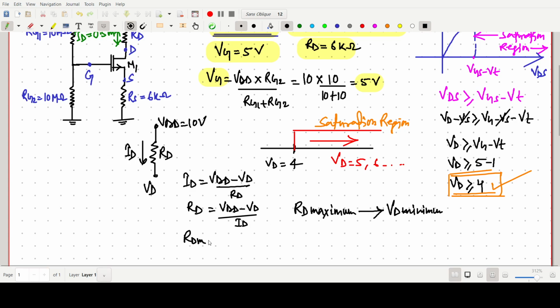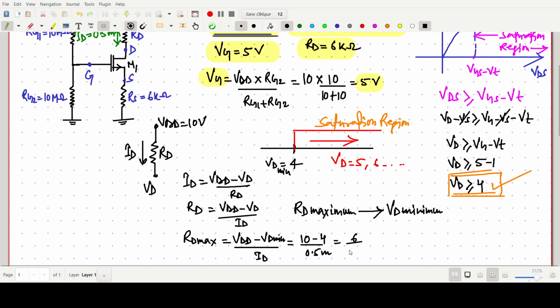So RD max will be VDD minus VD minimum, so this can be our VD minimum 4 volt, by ID. So VDD is our 10 volt minus VD minimum 4 volt, and ID 0.5 milliampere.